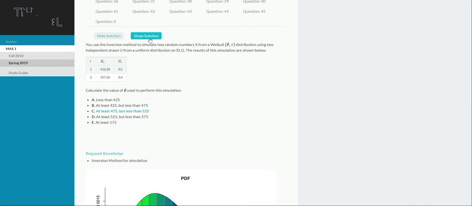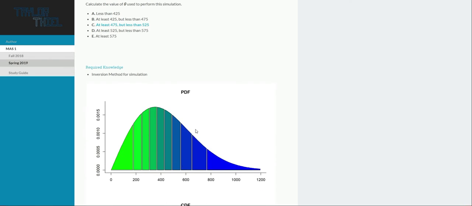In this problem, there's really only one thing you need to know, which is what the inversion method is for, simulation, and how to go about using it. So to start off, I want to walk through the concept. This is the distribution we end up aiming to simulate.